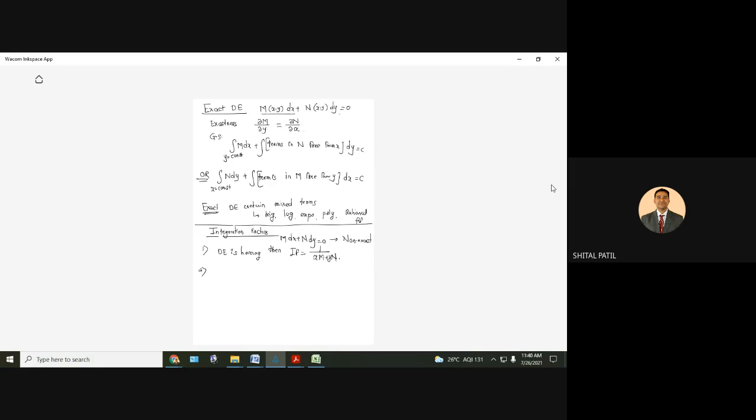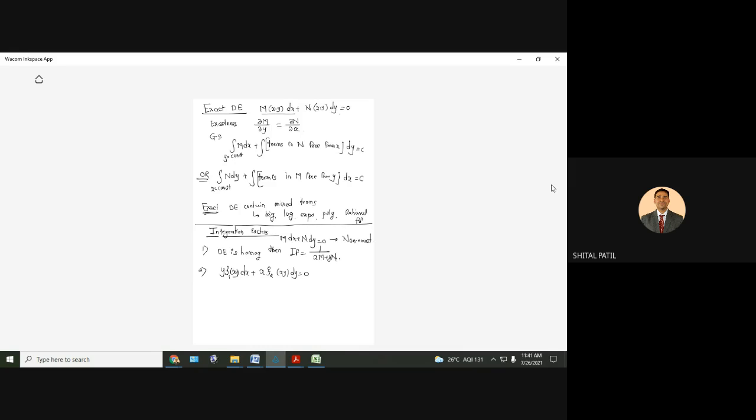Second, now every time it is not possible that every non-exact differential equation will be homogeneous. Very, very difficult. Okay, so it may be possible, another possibility, that the differential equation is in this form: y times some function of xy dx plus x times some other function of xy dy equal to 0.